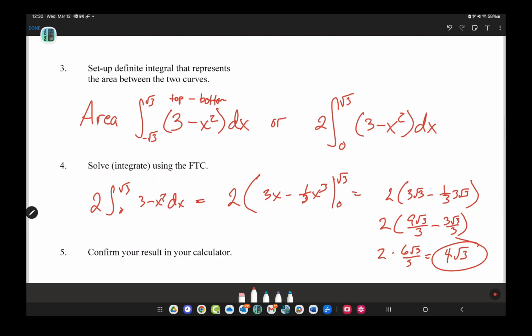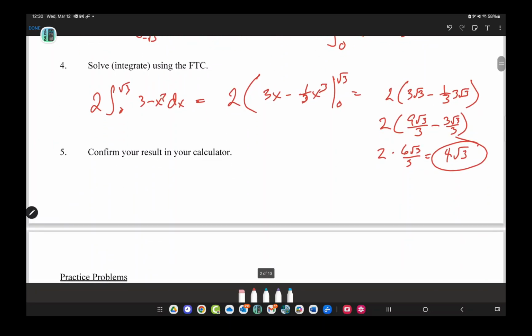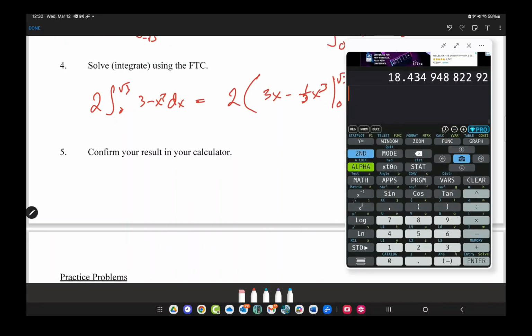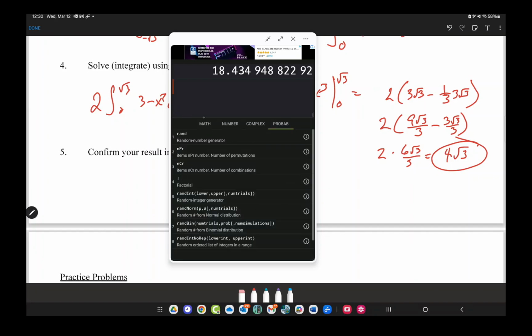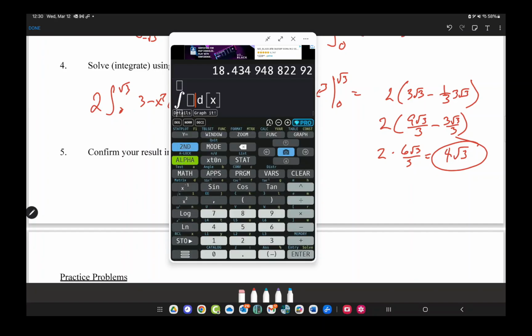Now it says confirm your result in your calculator, but what's your calculator going to give you? We can say 2 times the integral.